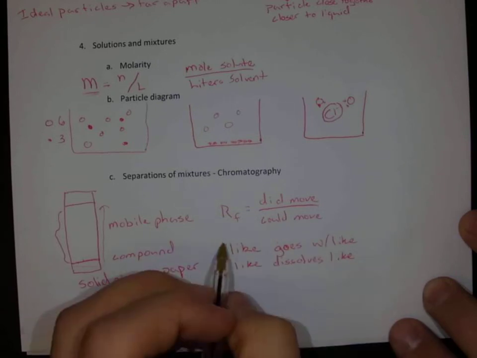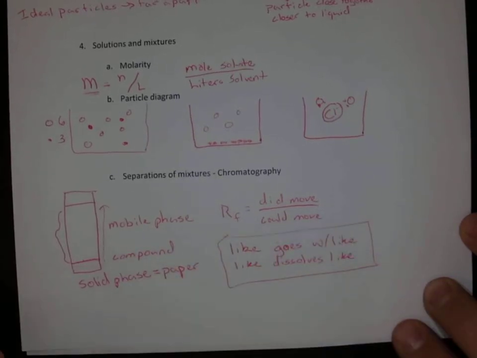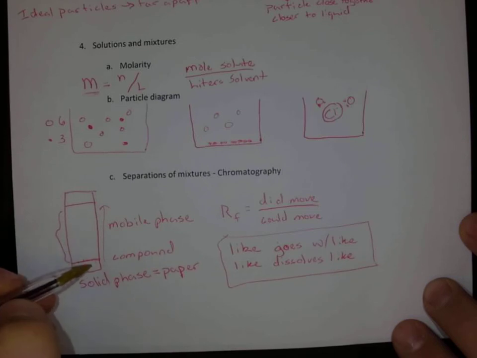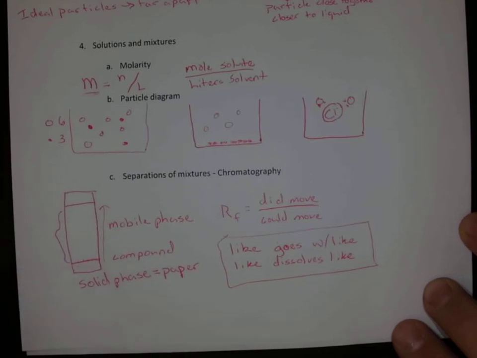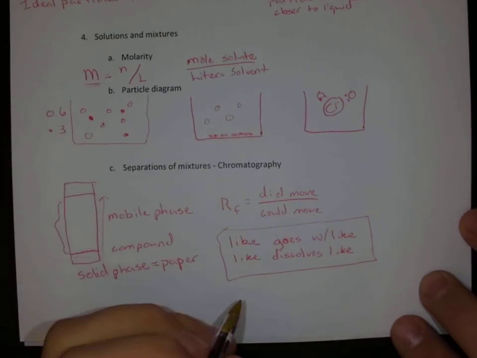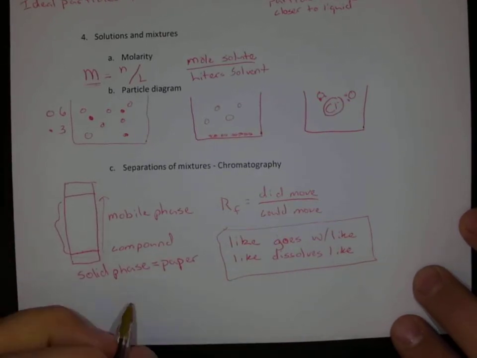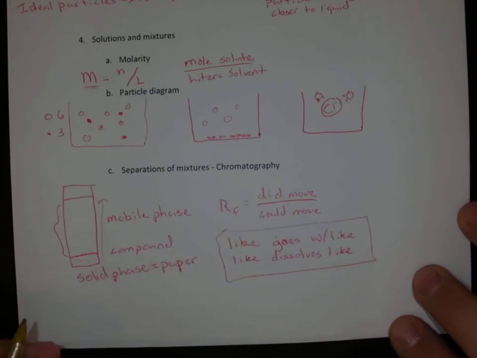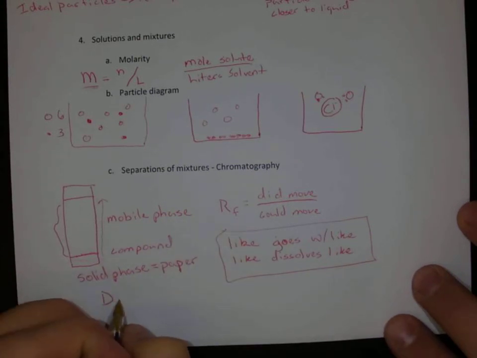So if we have similar intermolecular forces, then it's going to stay with that substance, okay? We will get more practice with this in the lab, all right? We can use our chromatography to separate by intermolecular forces. It's the same idea with distillation.